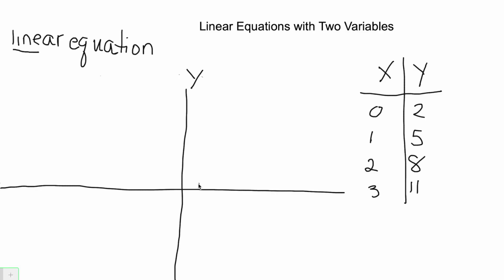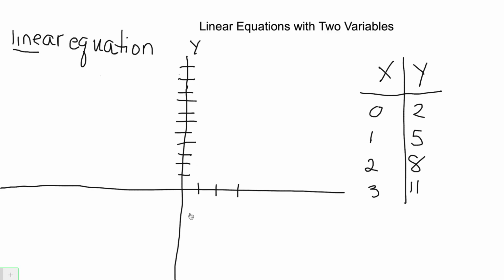So let's go ahead and have our x's 0, 1, 2, 3. And our y's 1, 2, 3, 4, 5, 6, 7, 8, 9, 10, 11. And this is y, okay?